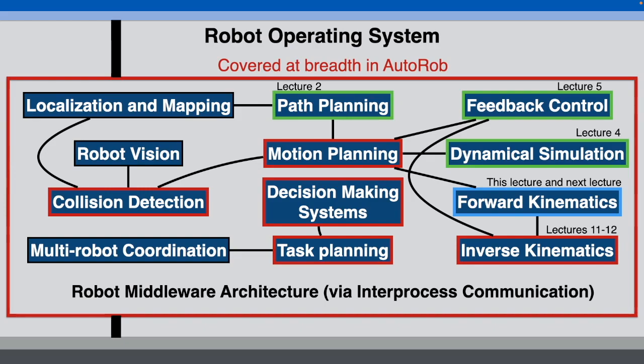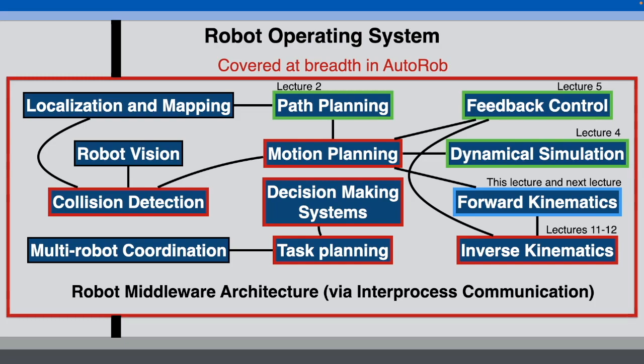You might remember we looked at how we're going to be covering a breadth of topics within this course. Given that they're project-based, the modules within a robot operating system that we'll be covering are highlighted in the red outlined boxes or the green outlined boxes. From lecture 2, we looked at path planning and how robots can move efficiently within a floor plan space.